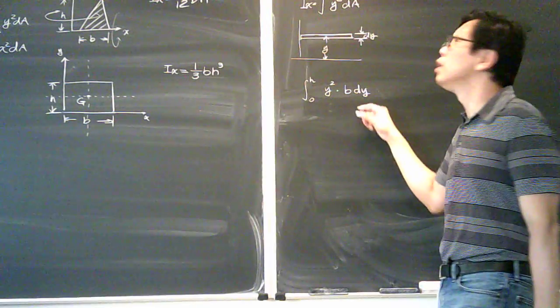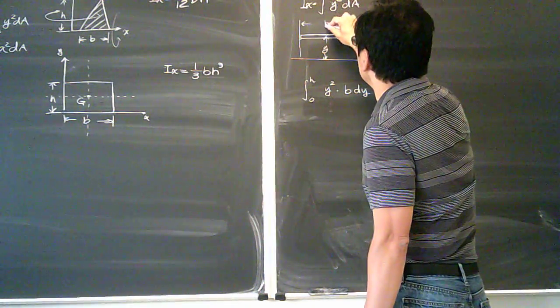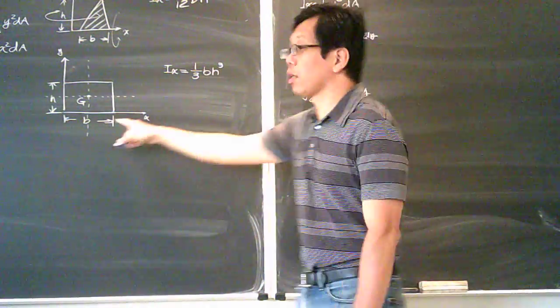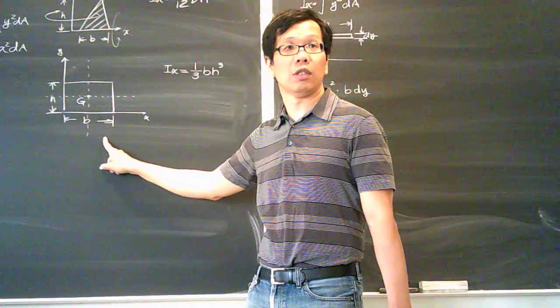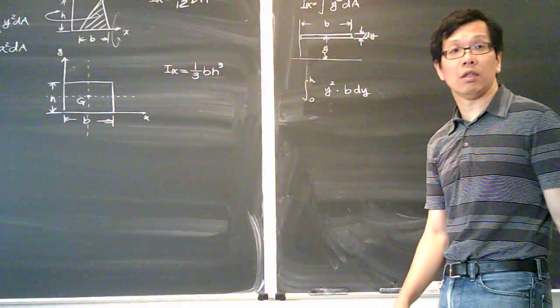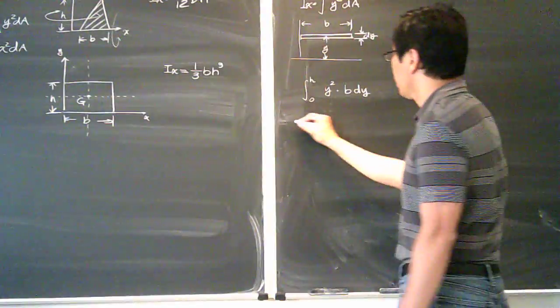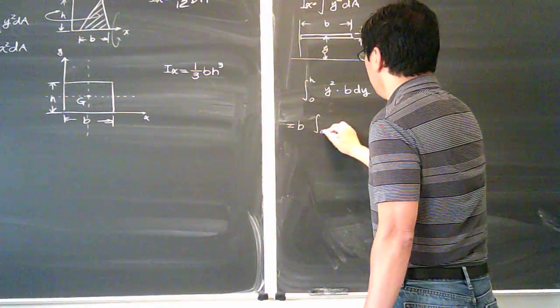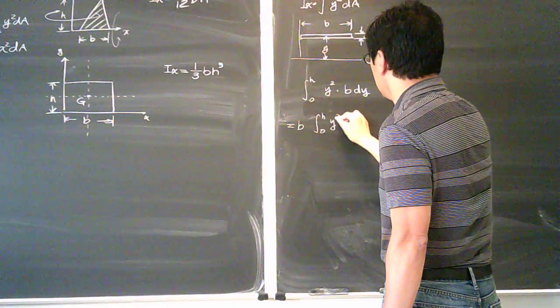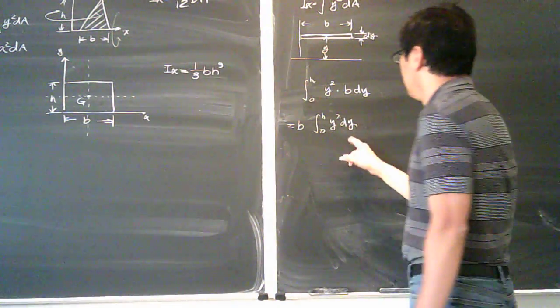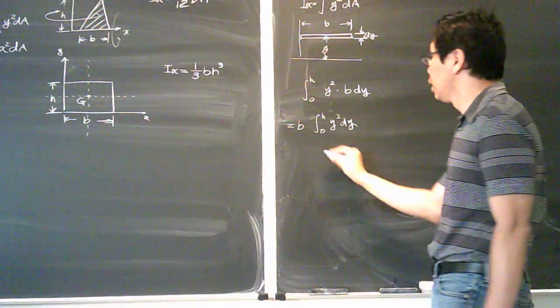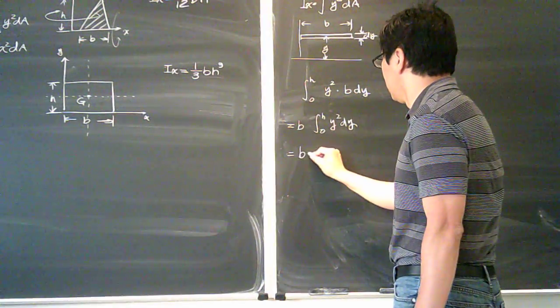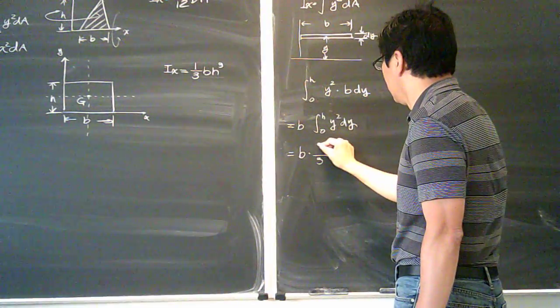It's going to be b dy. Everybody with me? This is b, based on the definition over here. So b in this case is a constant, so I can just move b out of this integration. Within this integration, it's going to be y squared dy.